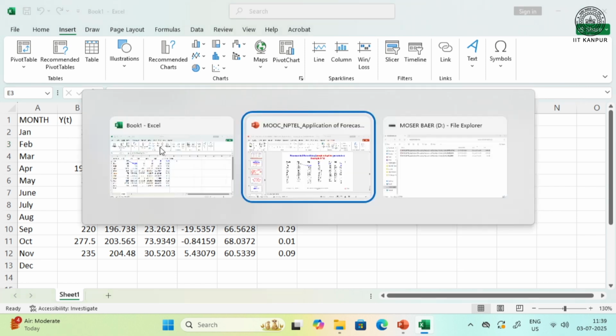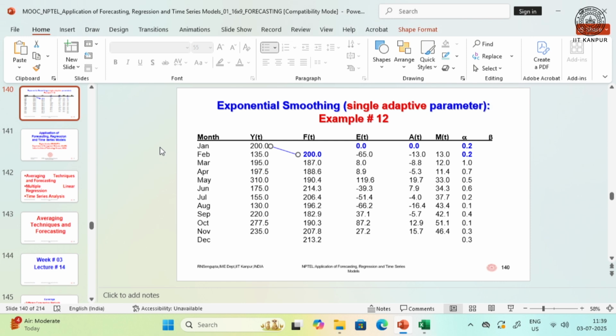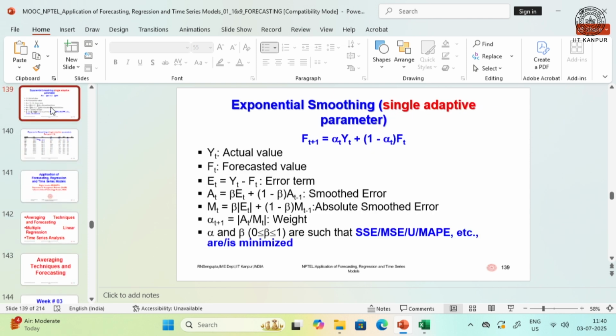Now come to the nomenclature, how we follow it and how we do the calculations. These are given in this slide, which was already shown to you in the last class, so I will just follow it. The first term is the error, which has been written down in the cell, the difference between February's actual value and February's forecasted value.